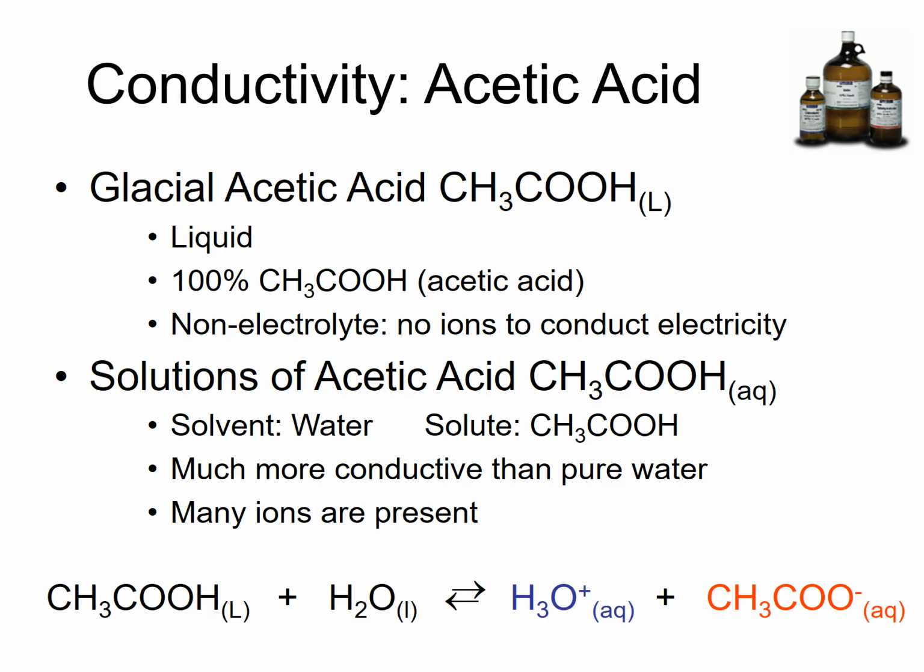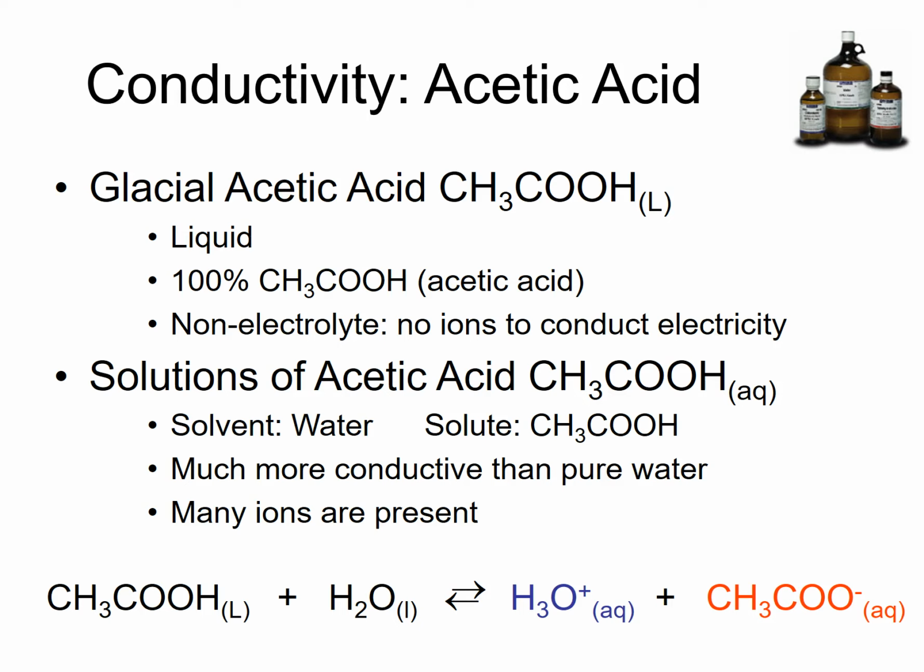This chemical reaction demonstrates where these ions come from. The glacial acetic acid molecule interacts with a water molecule. Now that they're both present, floating around, they can bump into one another, and the products are the H3O+ hydronium ion and the CH3COO- acetate anion.